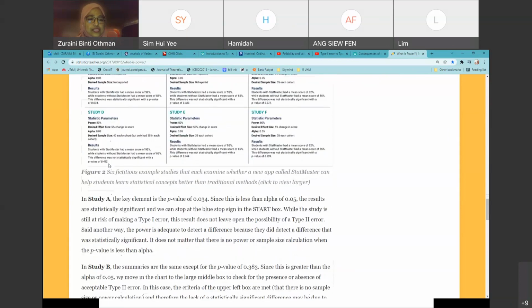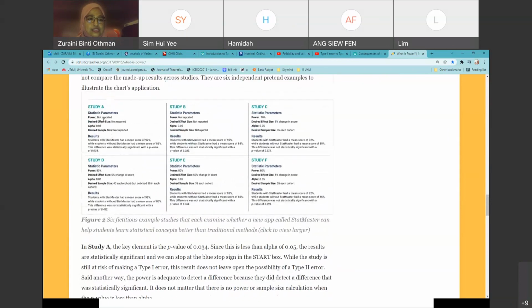So in study A, the alpha is 0.05. The result is that students with Stat Master had a mean score of 92%, while students without Stat Master had a mean score of 85%. The difference was statistically significant with a p-value of 0.034.